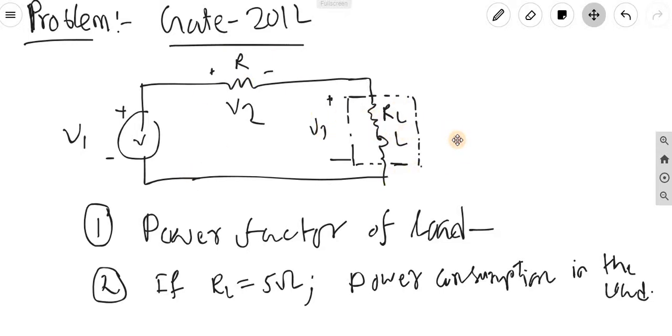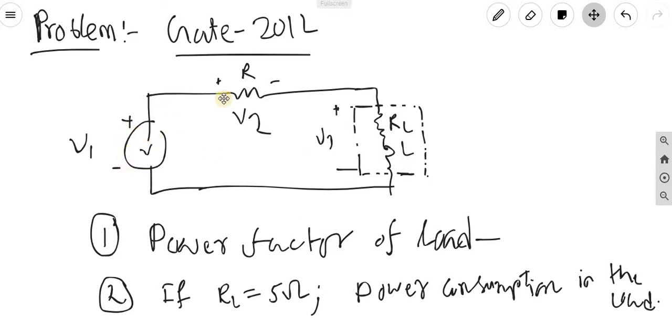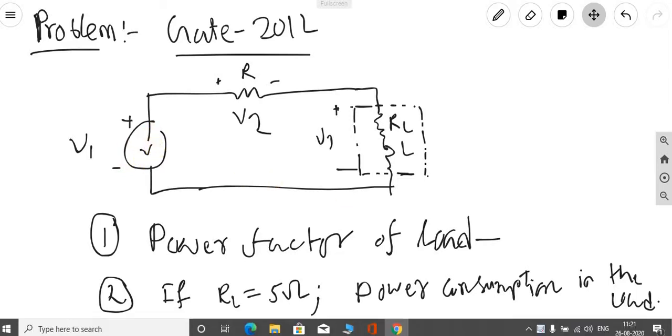The problem is about an electrical network in which one AC source is given.